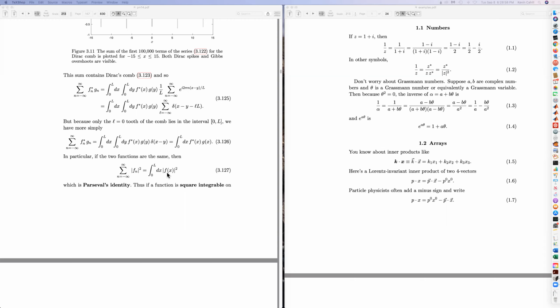And so Parseval's identity then is that the integral from 0 to L of the absolute value squared of the function is equal to the sum of all the absolute value squared of all the Fourier coefficients. And now you see why it is that the Fourier series, and for that matter, the Fourier transform, naturally apply to square integrable functions, because for this equation to make sense, both sides have to be finite.